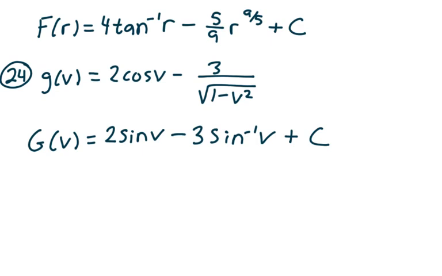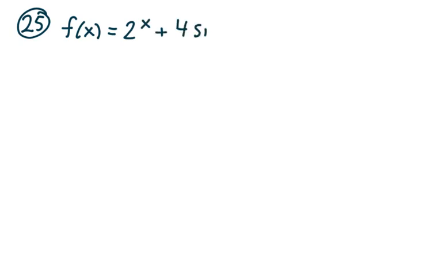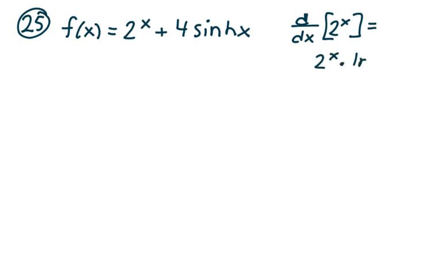And then 2 more. So if we take a look at 25, suppose f of x is equal to 2 to the x plus 4 times the hyperbolic sine of x. Now, one thing we might have forgotten is that the derivative of 2 to the x is equal to 2 to the x times the natural log of 2. Now, you got to remember we're working backwards.